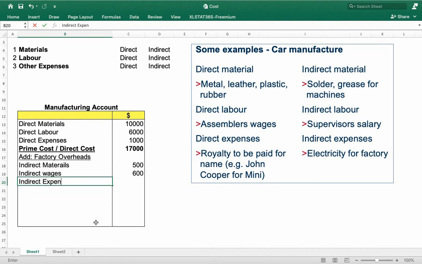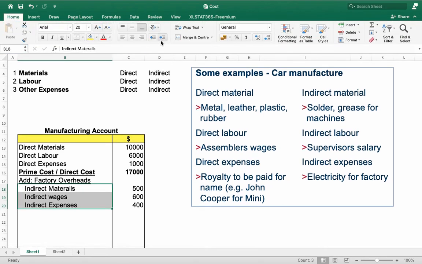Indirect expenses have many examples, not only electricity: factory insurance, factory maintenance, factory repair. All these are indirect expenses. Suppose security or something. Suppose it is $400 I paid. So I have taken all the indirect expenses which took place in the factory.